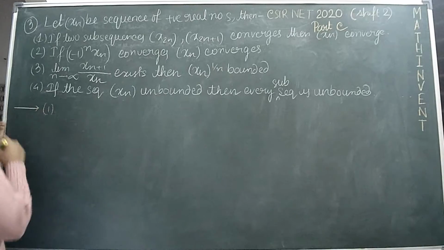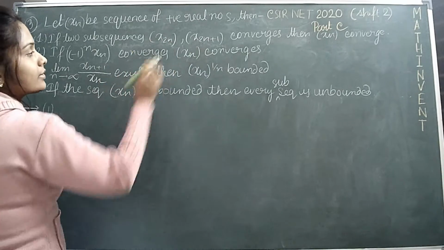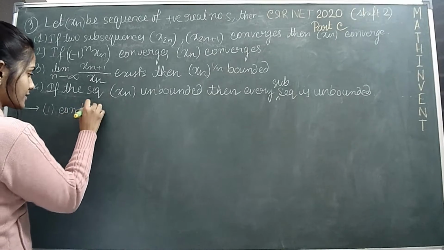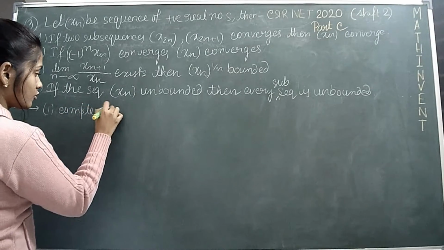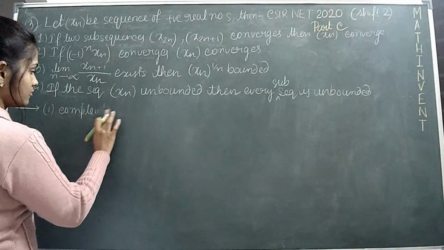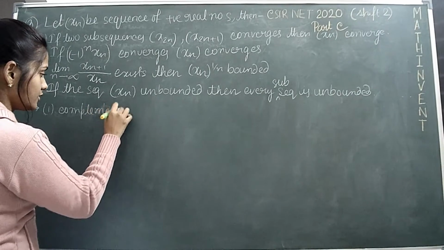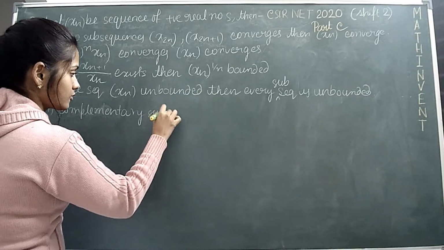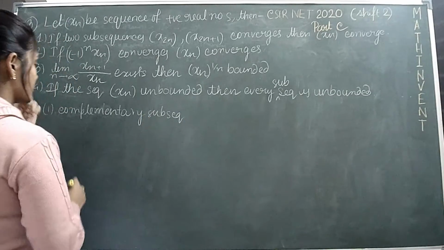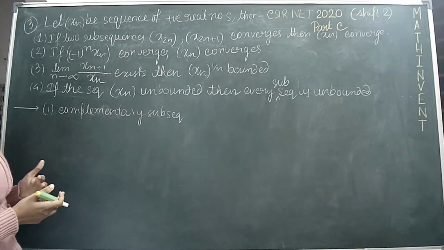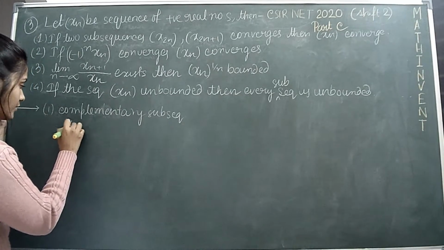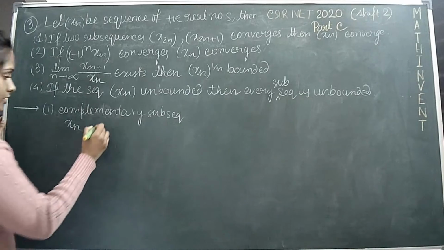These two sequences are complementary subsequences in xn. What do we mean by complementary subsequence? Suppose we have a sequence xn.